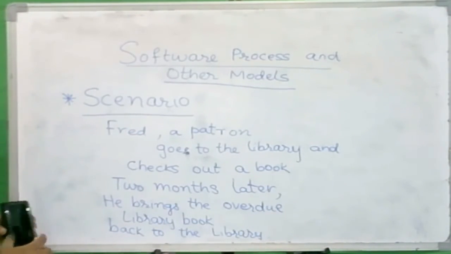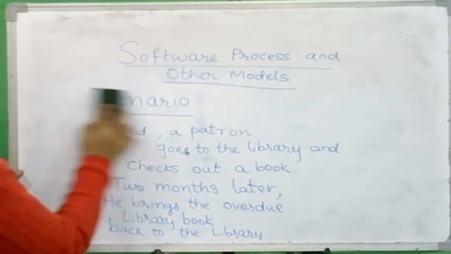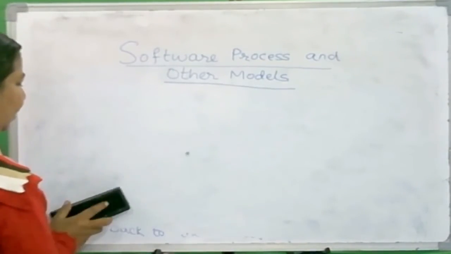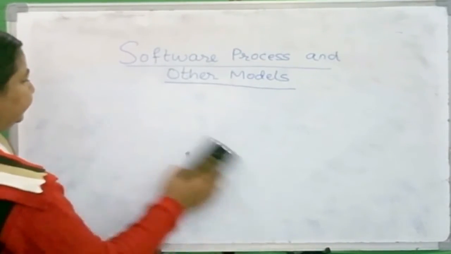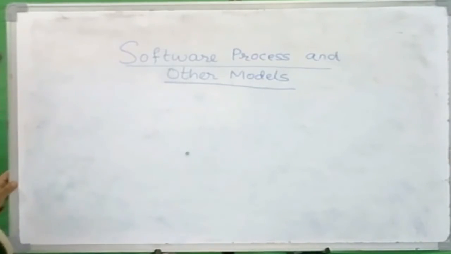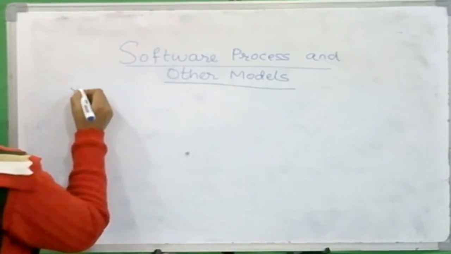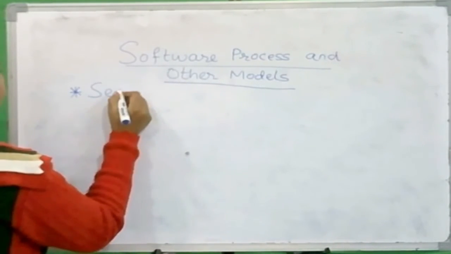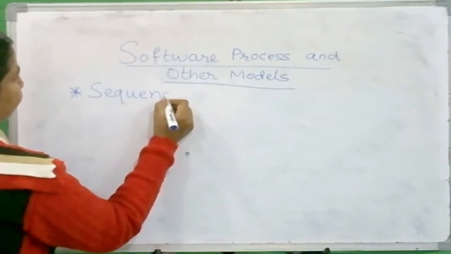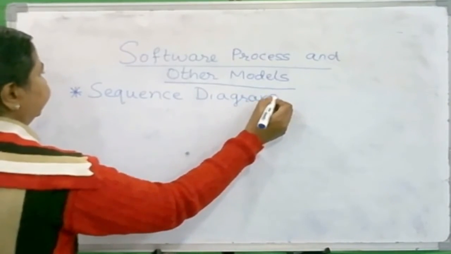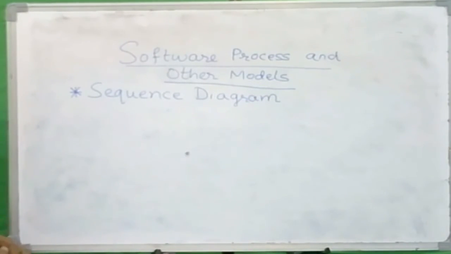Next process model is a sequence diagram. A sequence diagram is a part of UML set of diagrams.